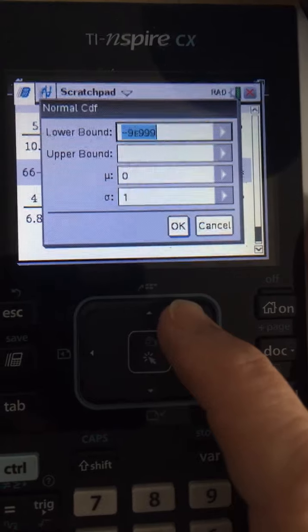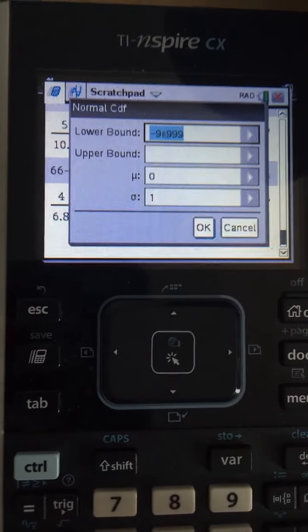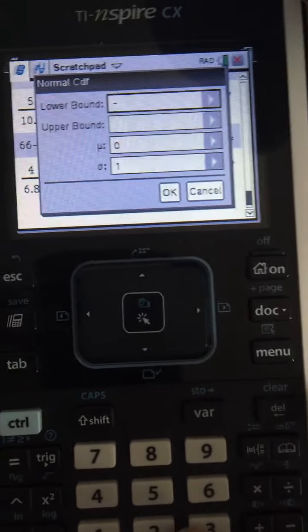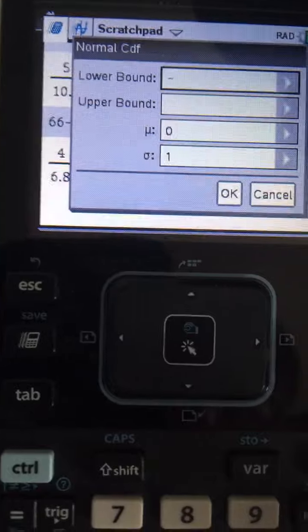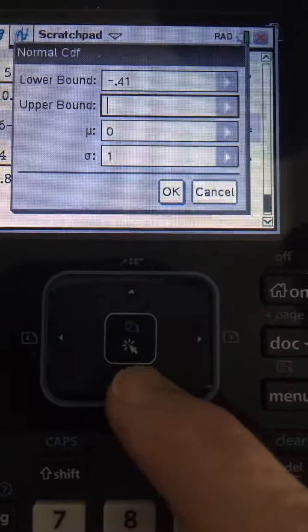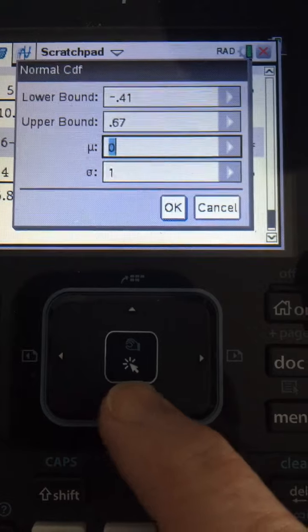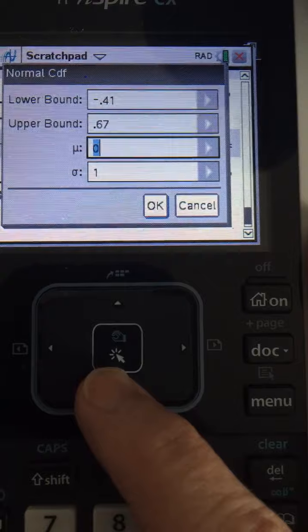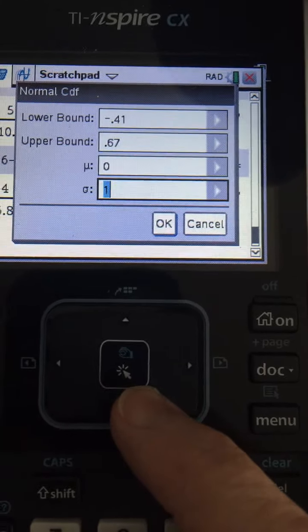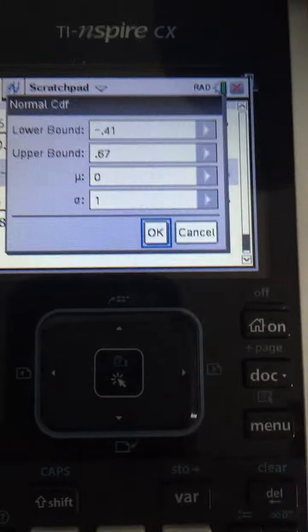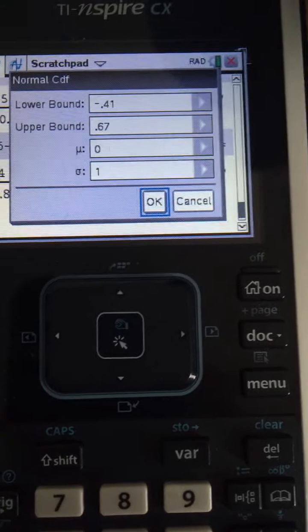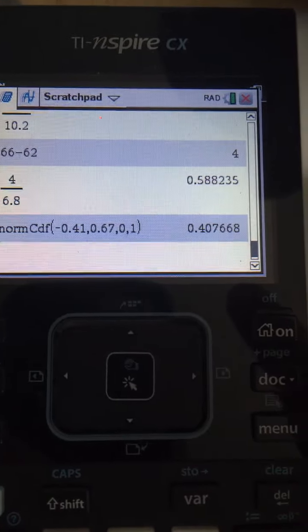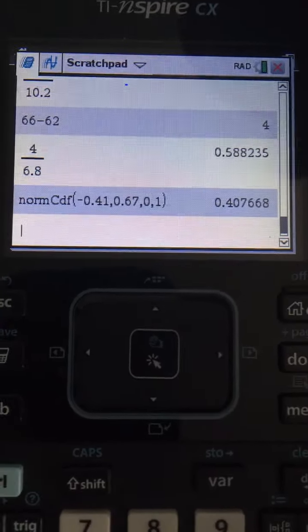So the lower bound is negative 0.41. The upper bound is 0.67. Now look, automatically in here we had the mean of 0. We can leave it like that. The standard deviation of 1, we can leave it like that. So if you forget at any point, you can see that that's what automatically fills in, and that's a good reminder for you.